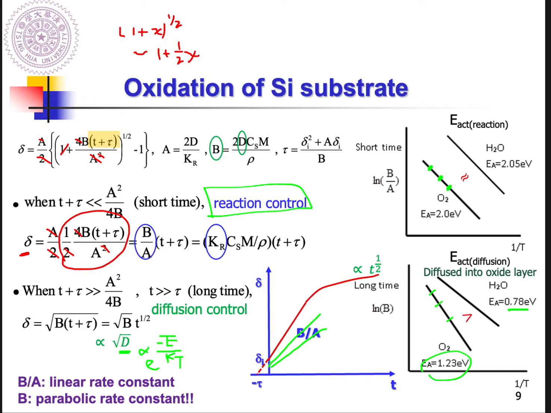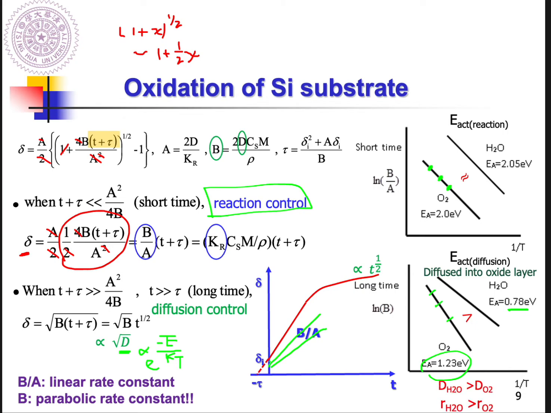the oxygen. What does that mean? The activation energy here for long time is diffusion control. That means the oxygen diffuses into the oxide layer with a higher energy barrier compared to the water vapor diffusing into the oxide layer.